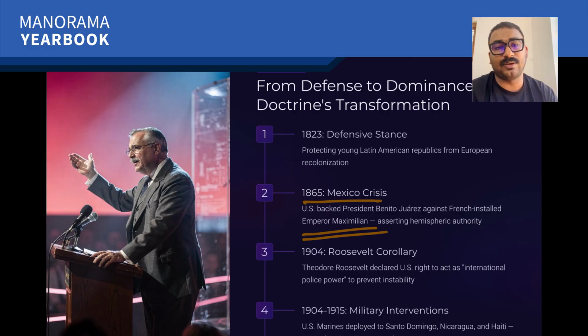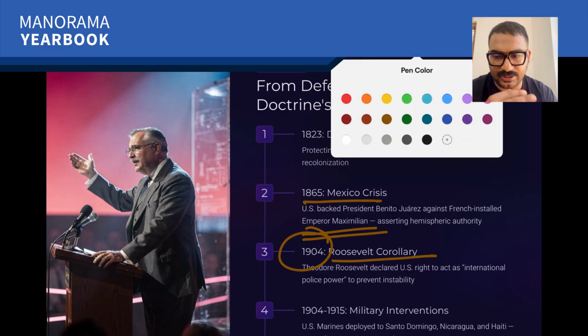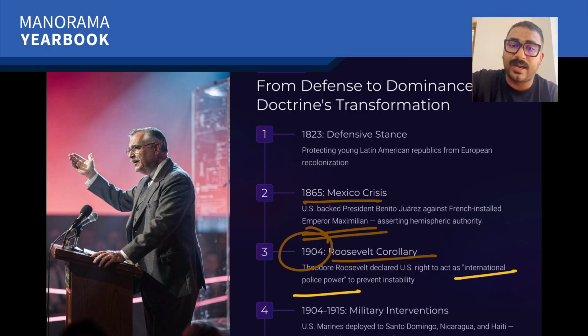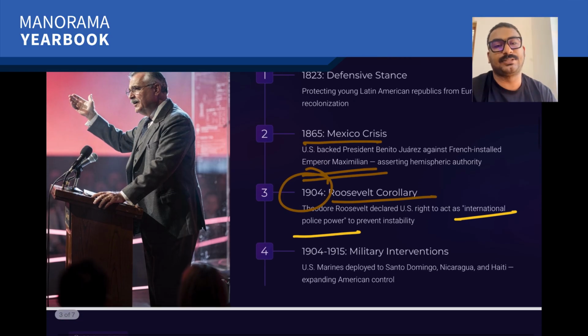Another example is that this doctrine took an even more aggressive turn in 1904 under Roosevelt. At that time, the European countries were threatening to use force against Latin American countries to recover their unpaid debts.